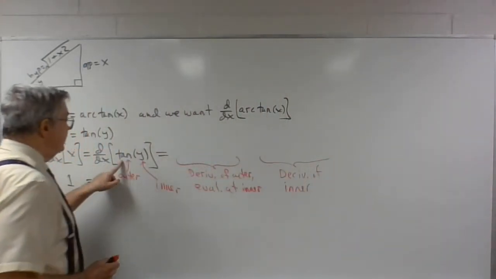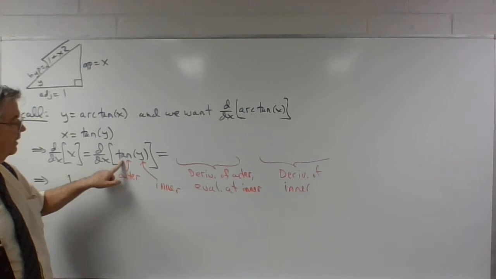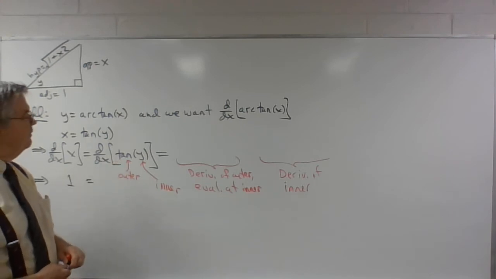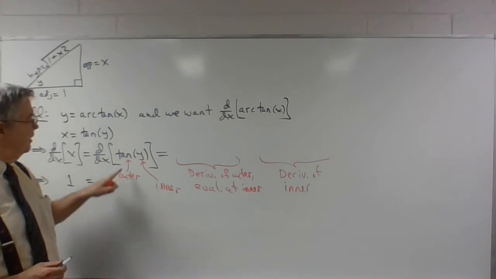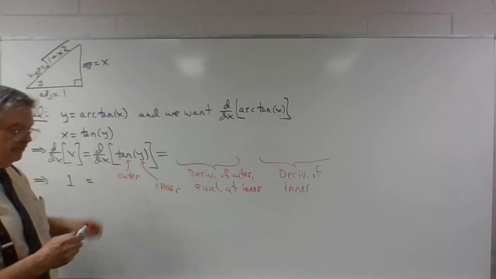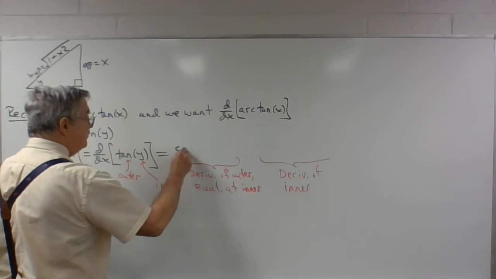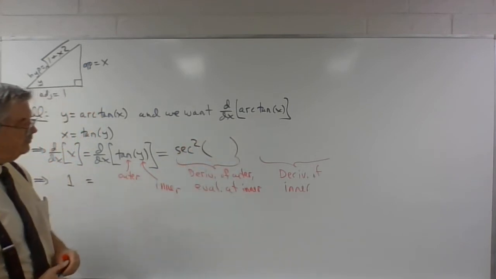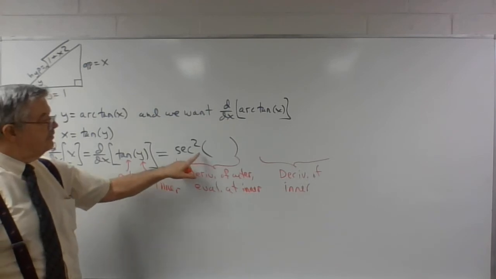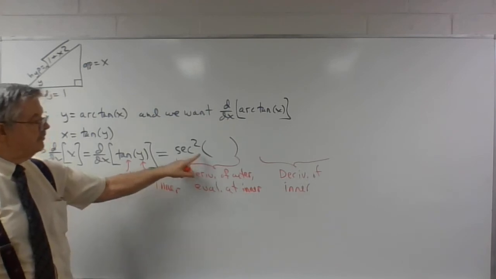The outer function is tangent of something. The derivative of tangent of x is secant squared x. The derivative of tangent of something is secant squared of something. So here's the derivative of the outer function.